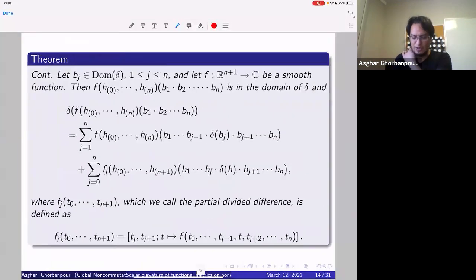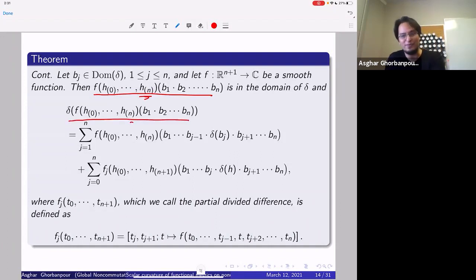One can go ahead and prove this for any element written in the contraction form. If we have a very general element written in the contraction form, the derivation of it can be written in terms of contractions again.